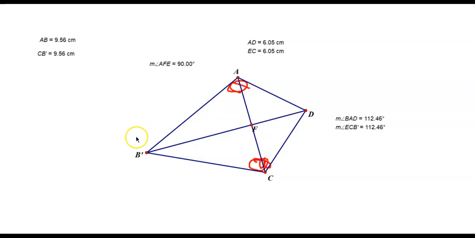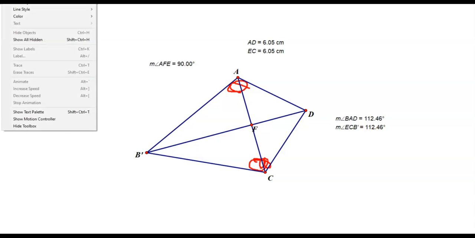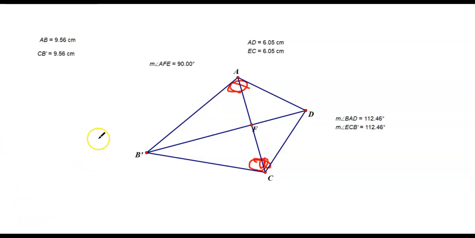These two big triangles, this whole big triangle and this whole big triangle down here.